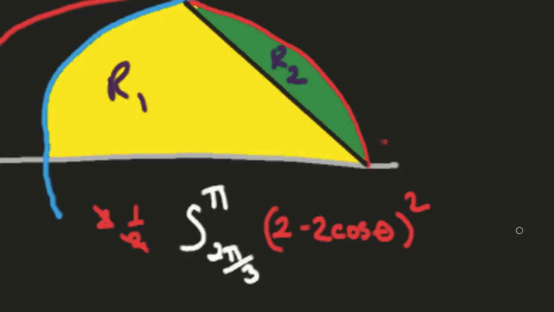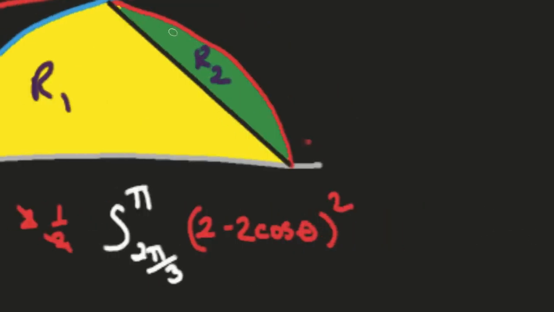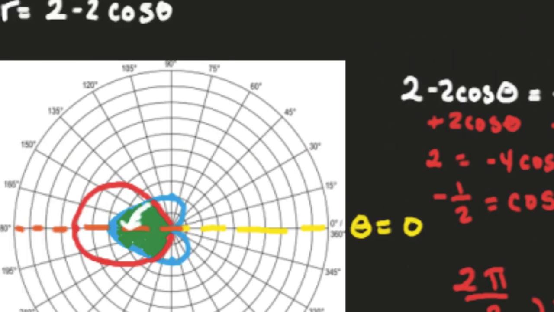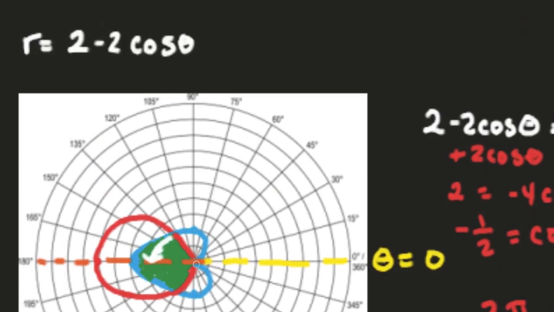And then for R2, it's going to be from the beginning point of the circle to that intersection point. What is the beginning point? At what angle do you start drawing the circle?